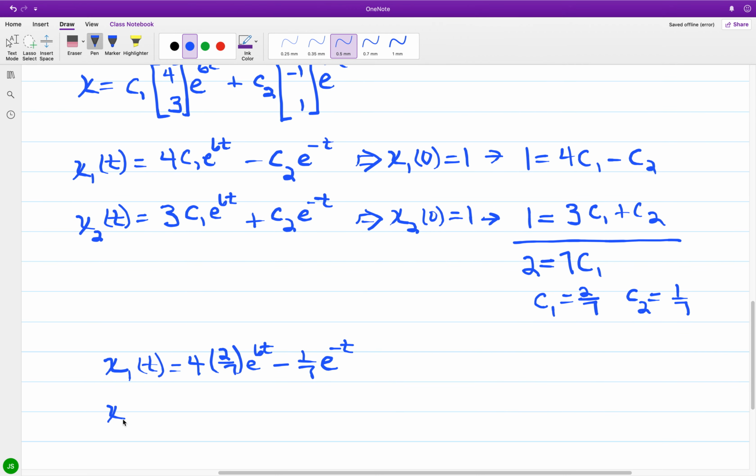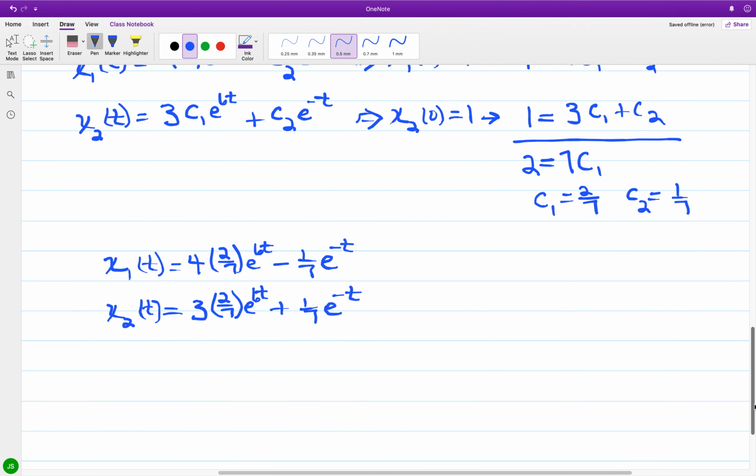And for x2 of t, you have 3 times c1, so 3 times 2/7 times e to the 6t, plus 1/7 times e to the negative t.